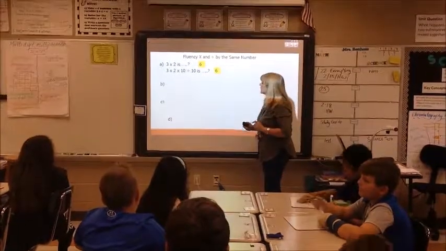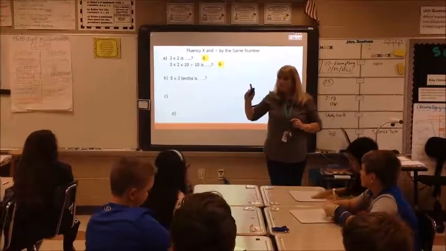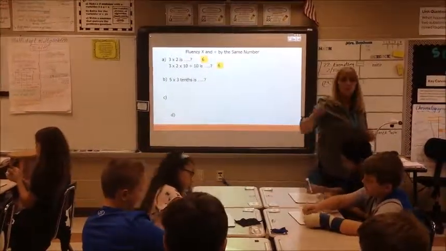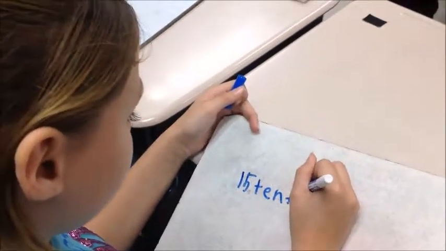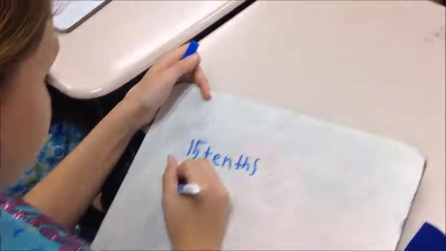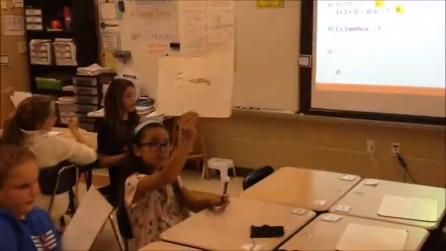Let's try another one. See if this always works. What is 5 times 3/10? Write it in unit form, please. Check with your neighbor. If you both have the same answer, show.